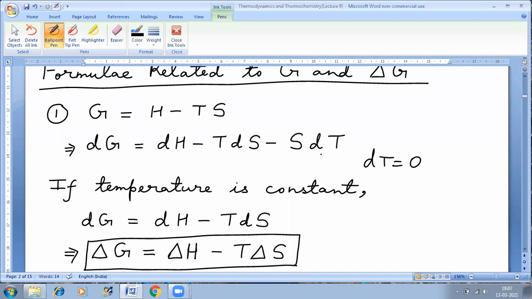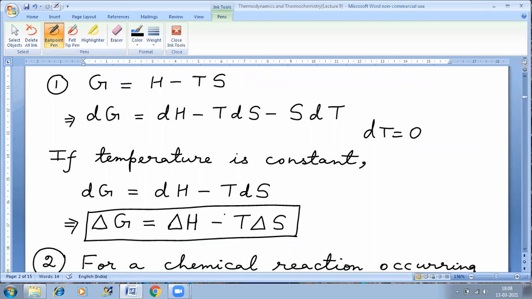So dG will be equal to dH minus TdS, or delta G is equal to delta H minus T delta S. So this is a formula that we are supposed to learn.